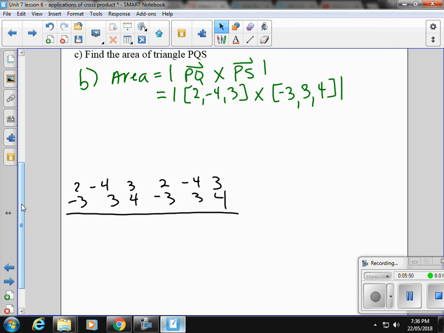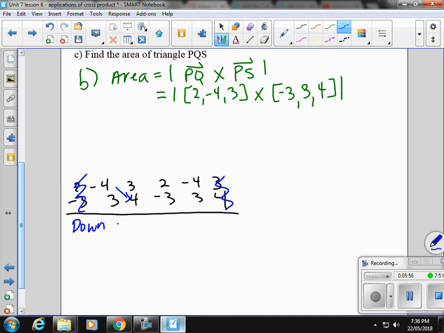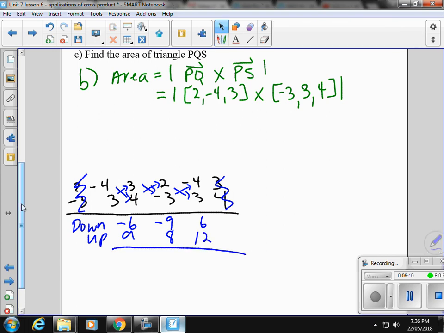So for the cross product, get rid of the two ends. Down products would be negative 16. The up product would be 9. Down, negative 9. Up, 8. Down, 6. Up, 12. Subtract those.